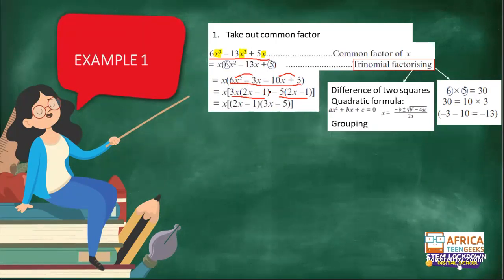In both terms, you have 2x minus 1. So if you factor out that 2x minus 1, then you will have this as your answer. If you want to find your roots, you will let this equal to 0 if you're finding your x coordinate.